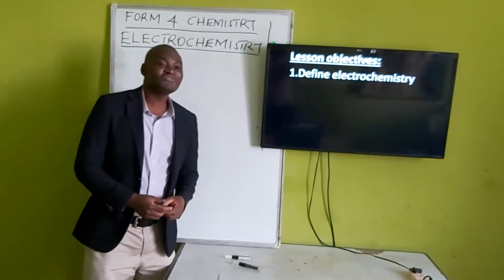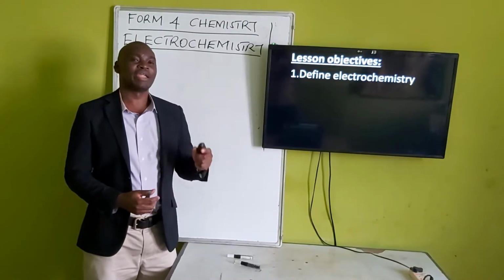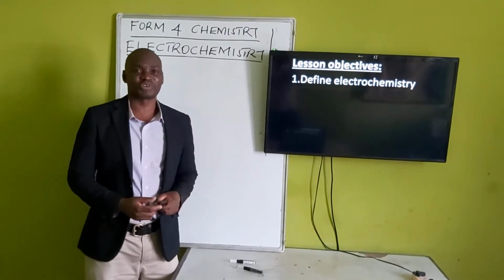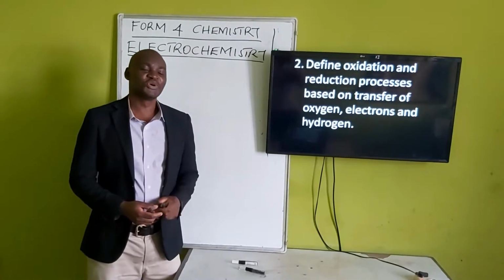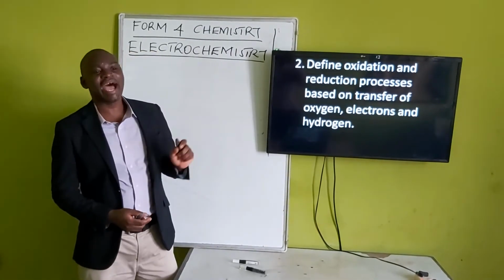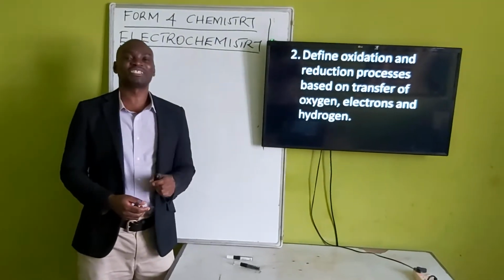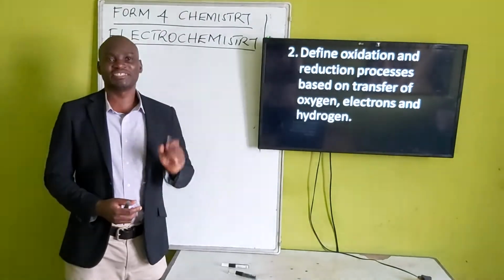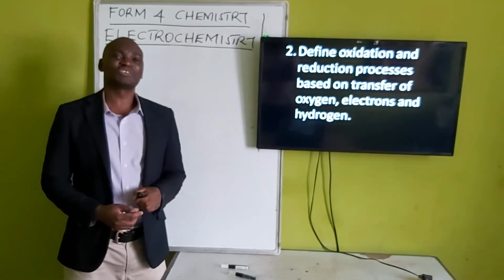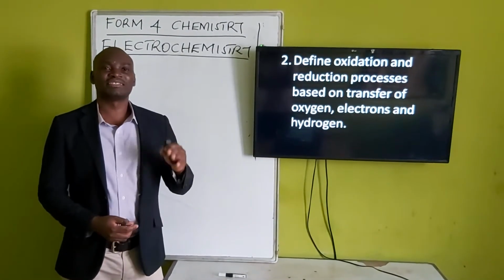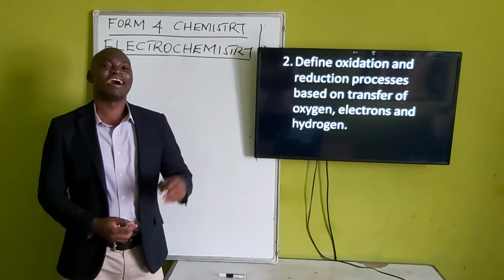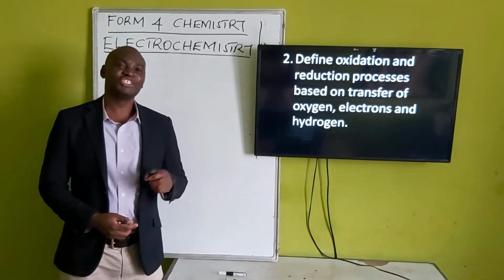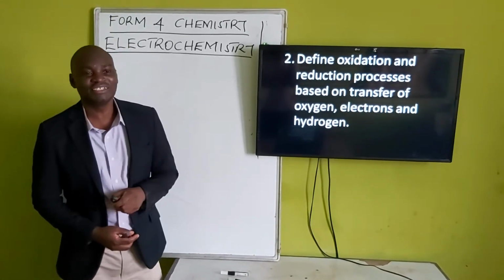Now, the objective of our lesson today is, one, you should be able to define the term electrochemistry. Then two, you should be able to define reduction processes and oxidation processes based on transfer of oxygen, transfer of hydrogen, and transfer of electrons, and finally change in oxidation states.